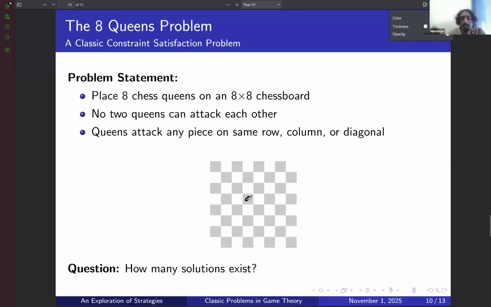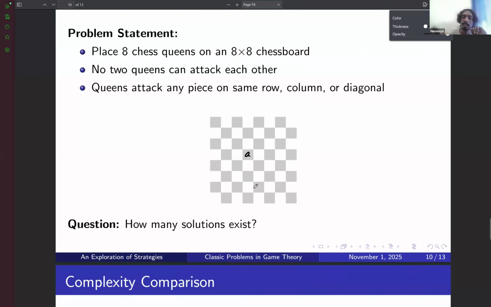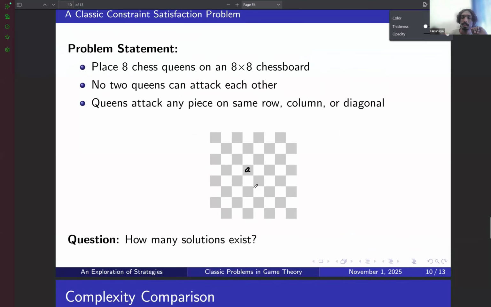Also, just in case someone needs clarification, a queen can attack along the diagonals it's on. So a queen can attack along all diagonals, and it can attack horizontally and vertically.